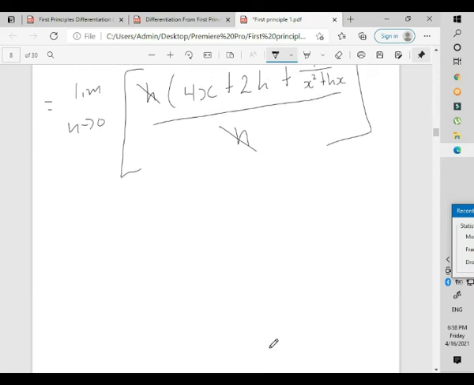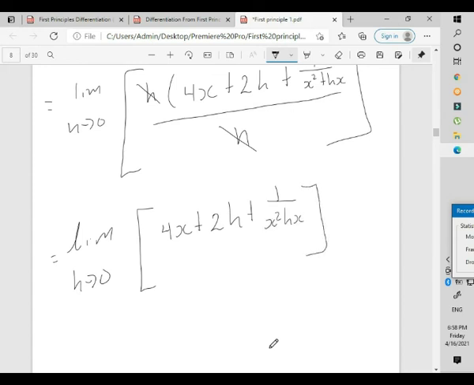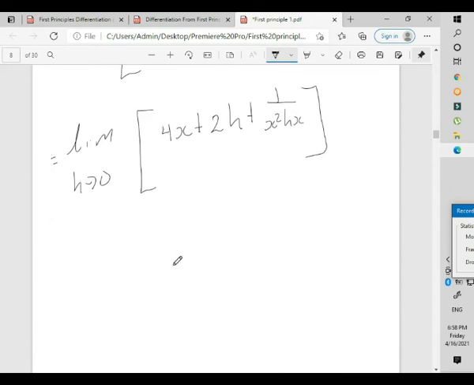so what I'm left with now, the limit as h tends to 0 of 4x plus 2h plus 1 over x squared plus hx. Again, if anyone else probably had some easier steps, I would happily look at them when you share them in the Google Classroom. So let me just work on substituting now.